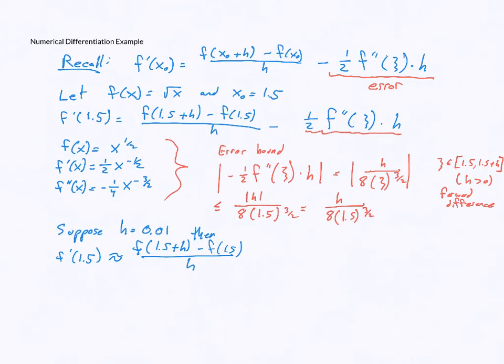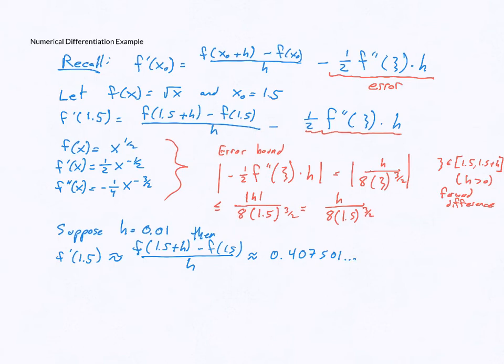If I put that into my calculator with h being 0.01, I'm going to get something about 0.407501.